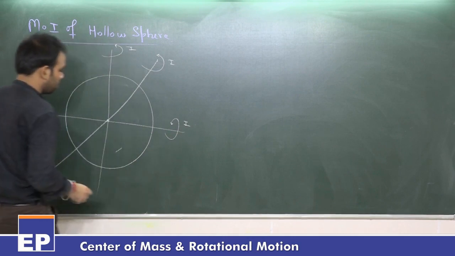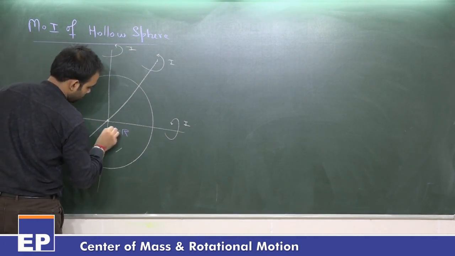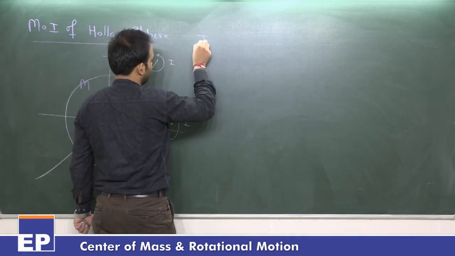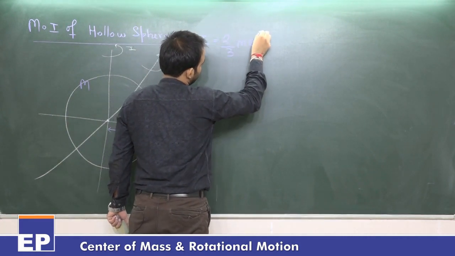And it is directly written as, if its mass is m and its radius is r, you can directly write I is equal to what? The moment of inertia about this will be 2 by 3 m r square. You have to keep this thing in your mind.